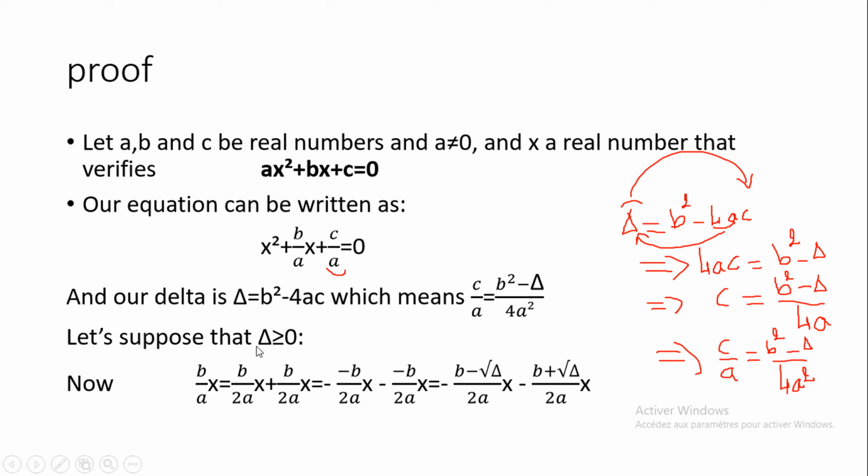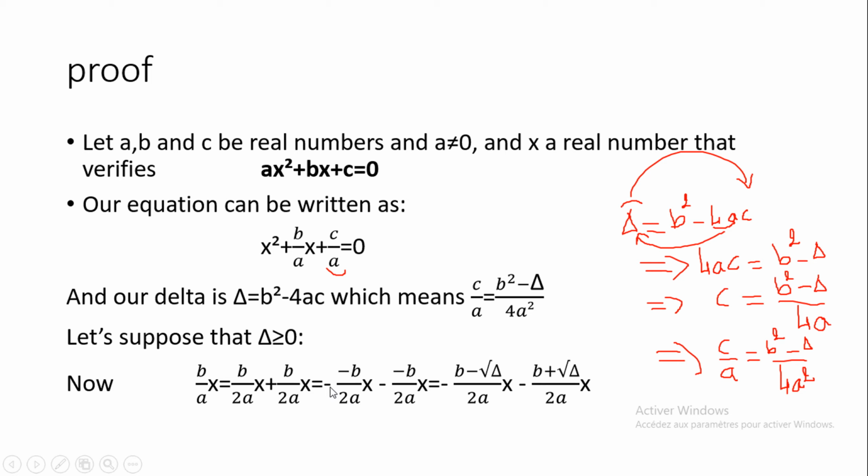Now, if delta is positive, we have b over a x equals b over 2a x plus b over 2a x. It's like dividing by 2 and dividing by 2, and then by summing the two halves we get our b over a. And this is equal to minus b over 2a x minus b over 2a x.